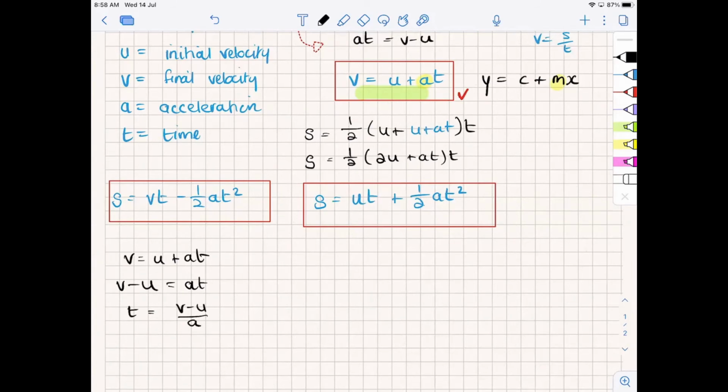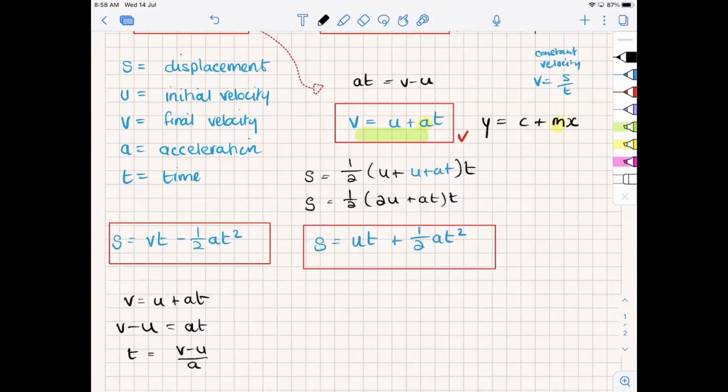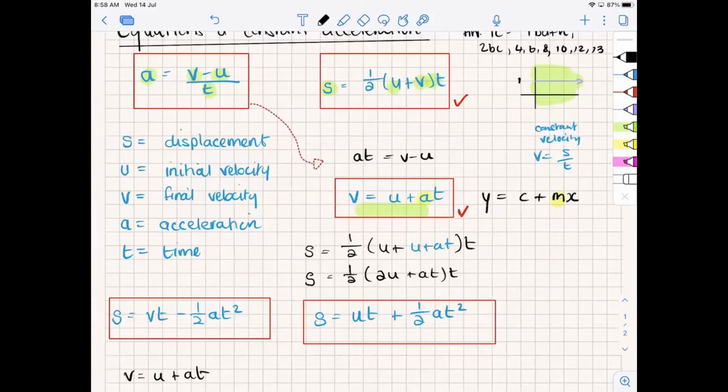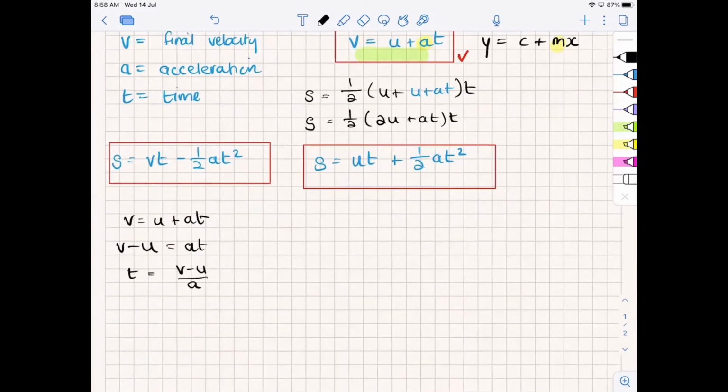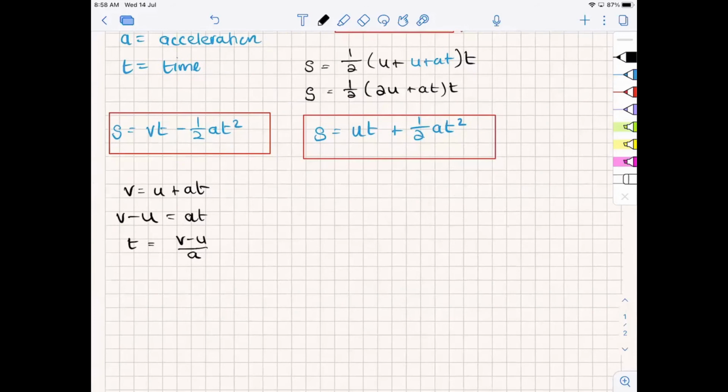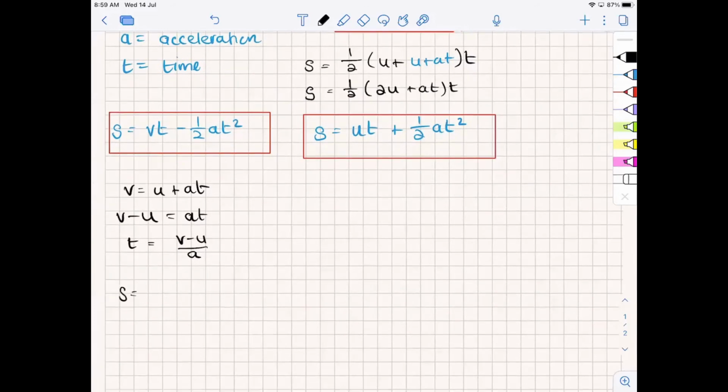I'm going to substitute that into my displacement function and see what I get. So I'll write the displacement function over here. s is equal to 1/2 (u plus v) times t, except we don't want t anymore. We want to substitute t for what we've just created.